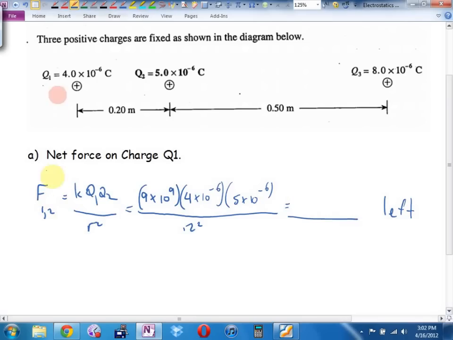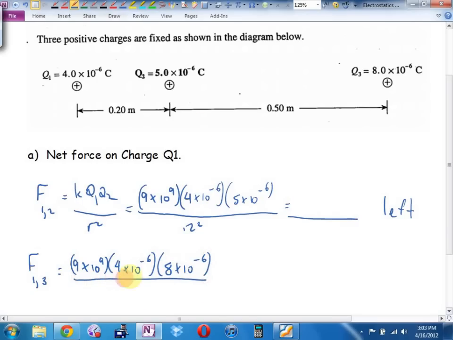Then I would find the force between charge 1 and charge 3, which would be 9 times 10 to the 9th, charge 1, charge 3, all over, the total distance is 0.7 squared. That would give me an answer.